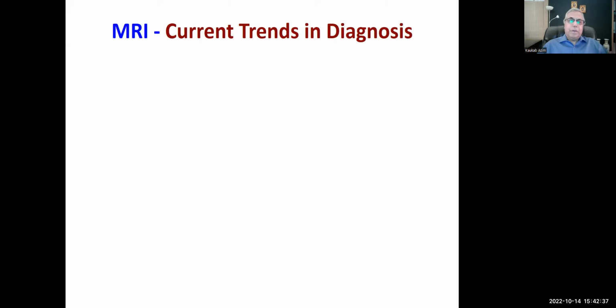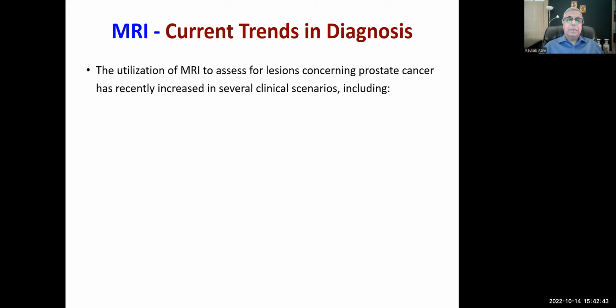The use of MRI is increasing in certain clinical scenarios that are related to prostate cancer. The utilization of MRI to assess for lesions concerning prostate cancer has recently increased in several clinical scenarios that include prior to prostate biopsy, to make a decision whether to go ahead with the biopsy or not.